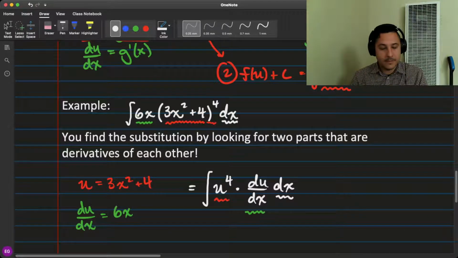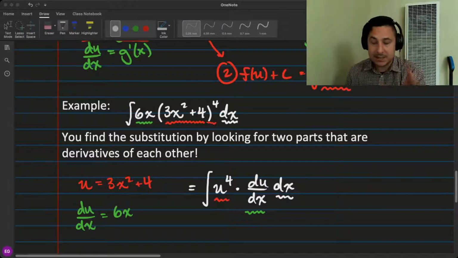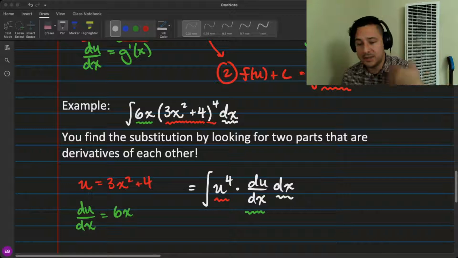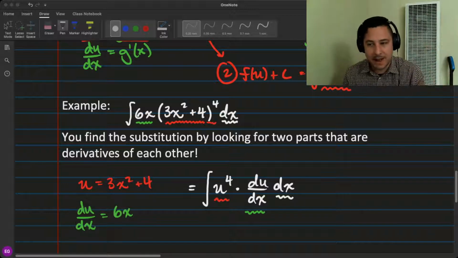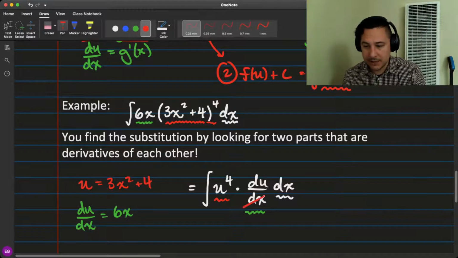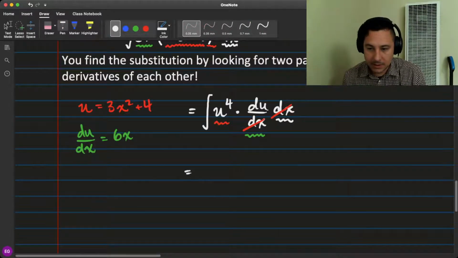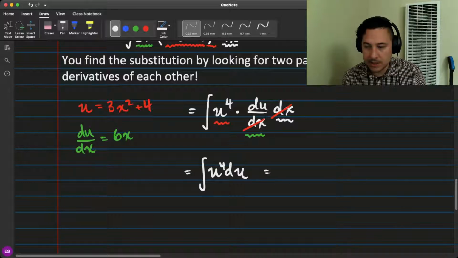Yeah, and we're going to get to that later, but that's a good point. If you didn't have 6x, it all needs to match. There will be ways around that later, but for now, it's not working, it's not matching. Okay, and then you look at this and you're like, okay, I can erase those dx's. Hooray. Or they cancel, whatever. So what are we doing? We're integrating u to the 4th du, which is simple to integrate.